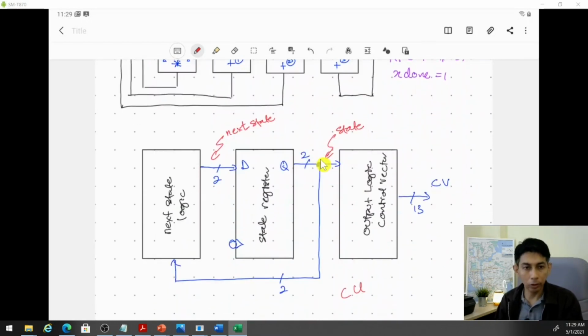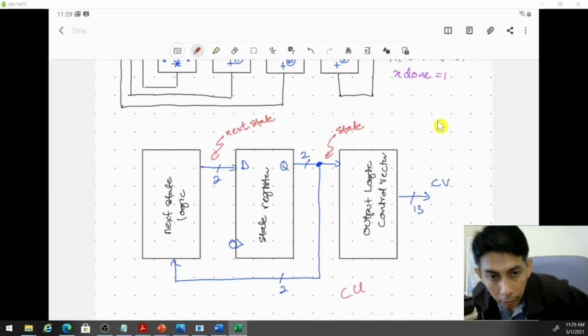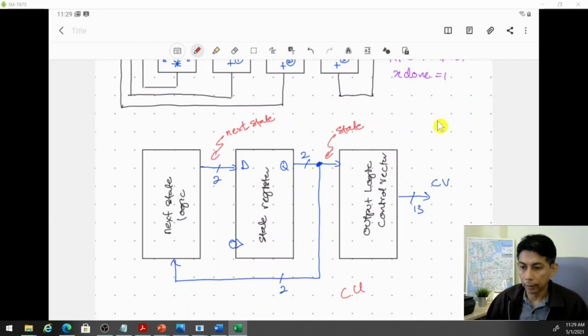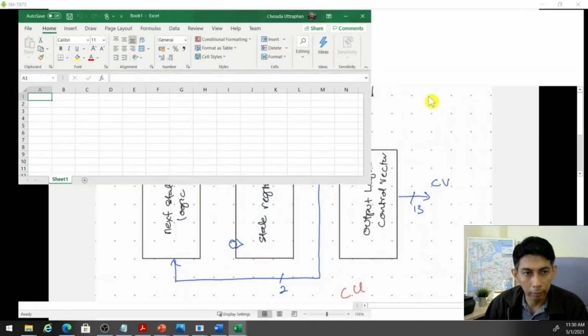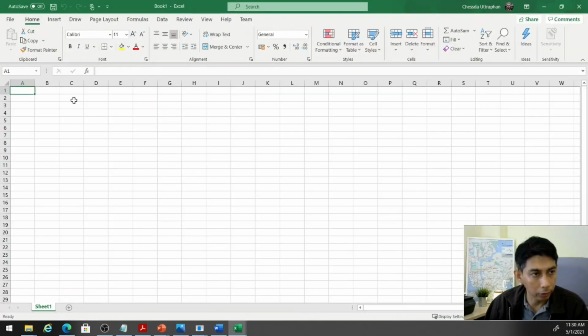Now we can create the Verilog code for this as well, but how do we generate this control vector? To do that, we need to look at the Verilog code as well. Maybe I have something like this using Excel to write the code.